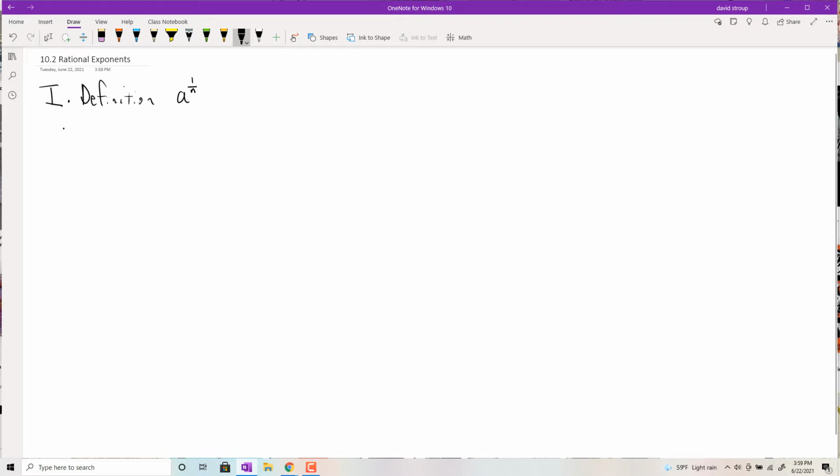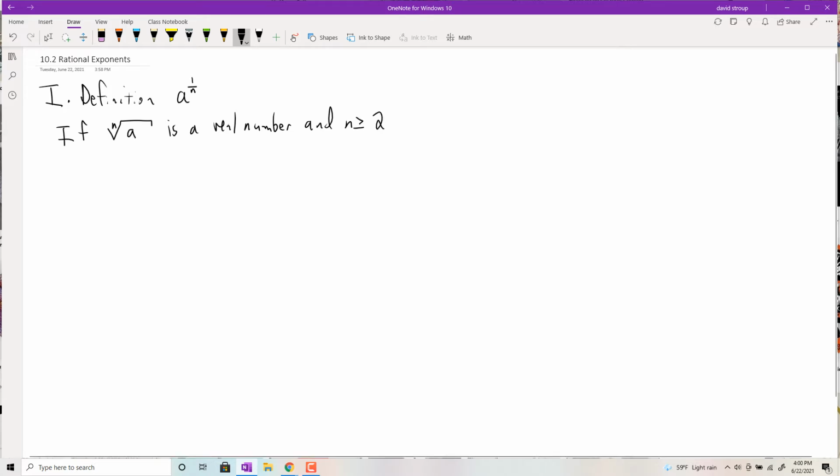In particular, we say if the nth root of a is a real number, and this letter n represents a number that is greater than 2, and it has to be an integer, then we can connect this rational exponent to this nth root. Okay, so a to the 1 over n is equivalent to the nth root of a, and vice versa.